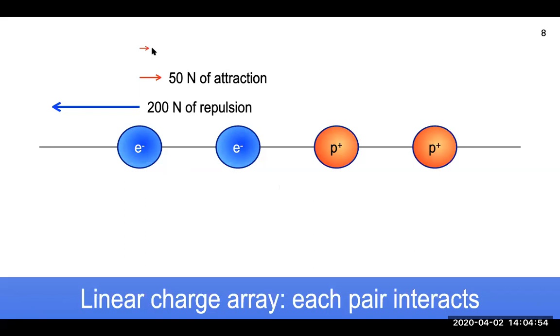Way up here, I've got this little teeny vector for the repulsion from the last neighbor, the third neighbor out. He's in the mix as well, but he's 3 times as far away as the nearest neighbor. The nearest neighbor distance is 1 unit, which I haven't marked, though I sometimes have diagrams with the distances marked out symbolically.